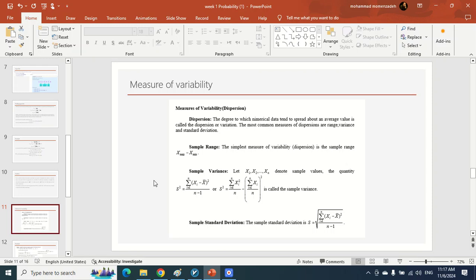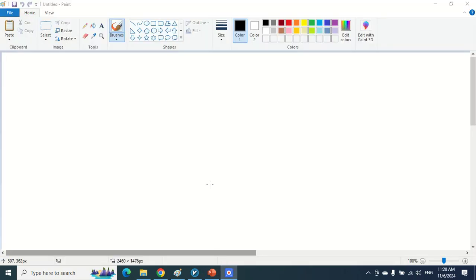Another thing is a measure of variability. Let me talk about that one now. To understand the standard deviation and why we need a measure of dispersion, it's a good example to start with two groups of data.